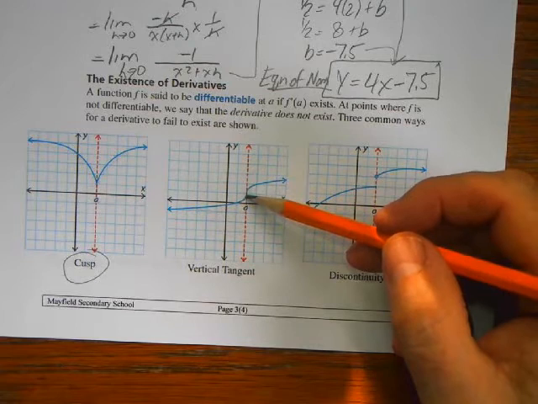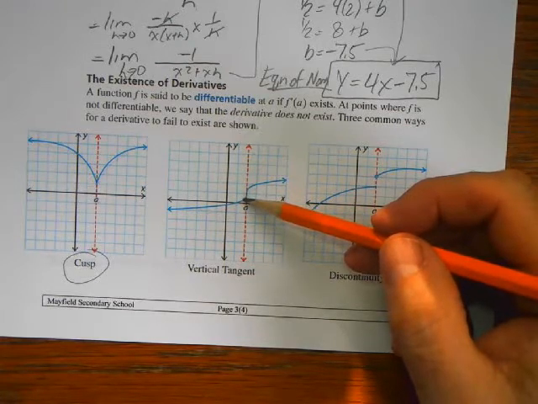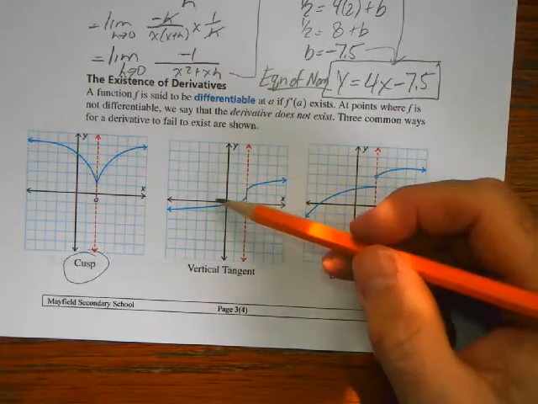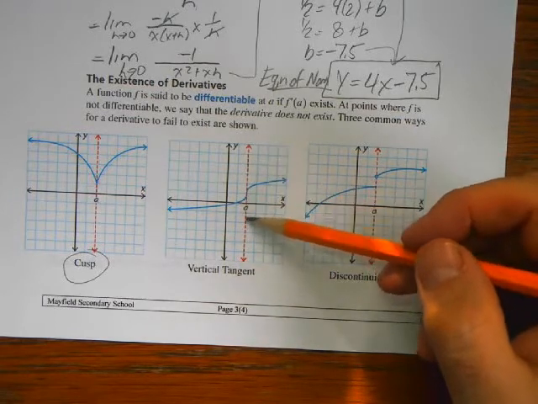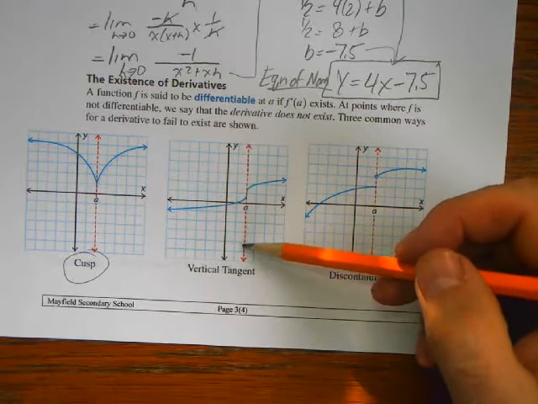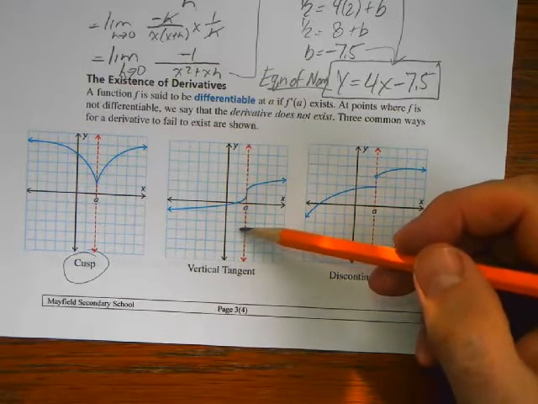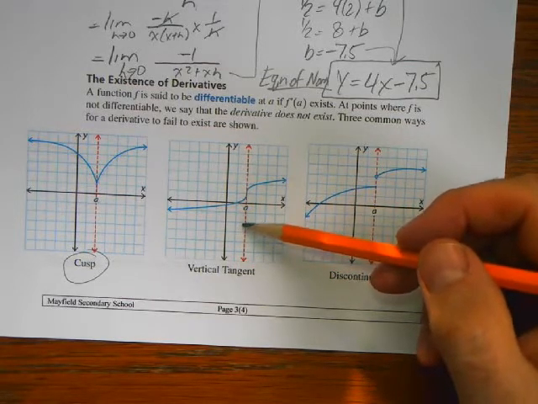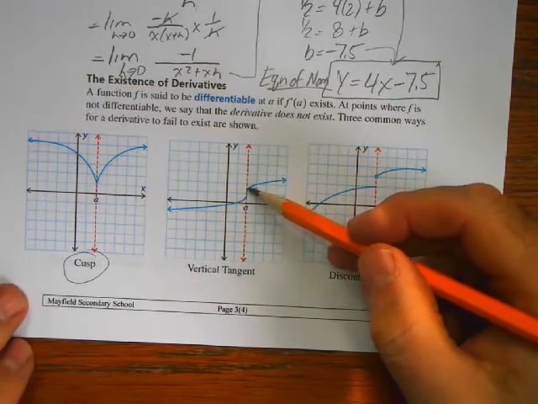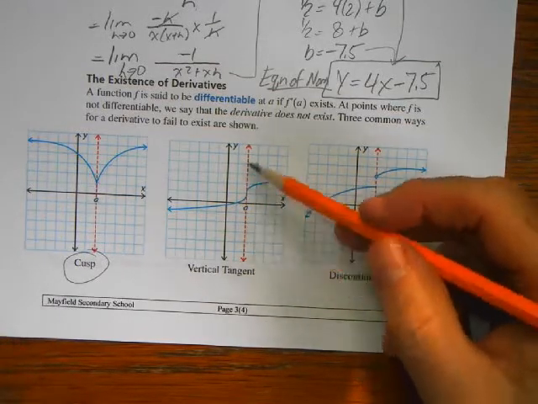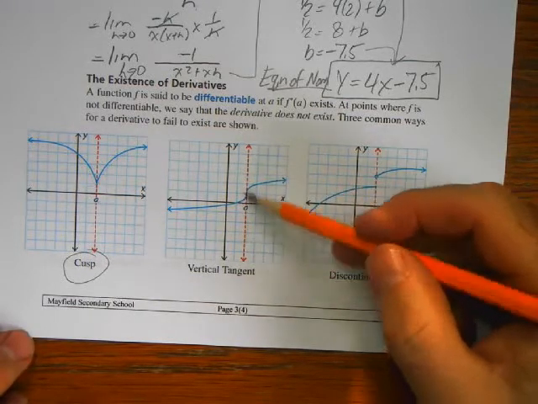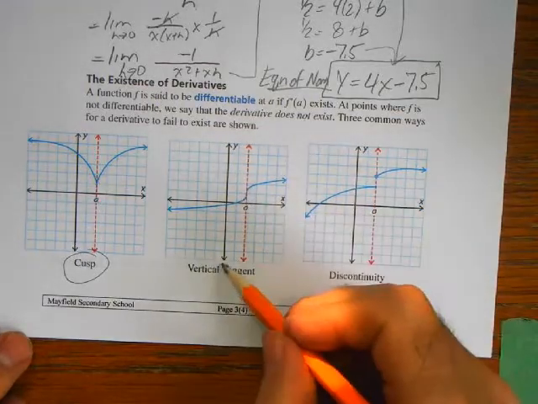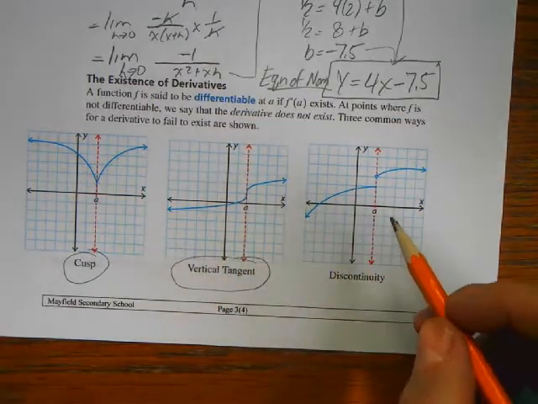So the slope of the tangent at this line, well, for a vertical line you can't find the slope of the tangent. It doesn't exist. And because of that, if the tangent is a vertical line, that means by association that the derivative does not exist. So this would be called a vertical tangent. So the derivative doesn't exist at a point where you have a vertical tangent.